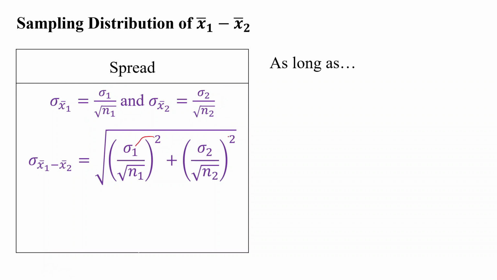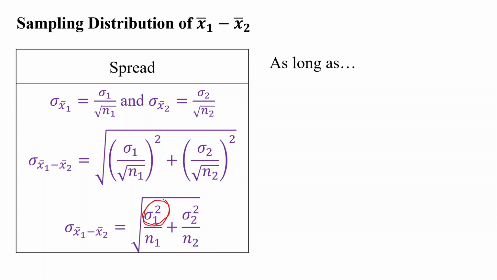So the numerator gets the squared, and then the denominator also gets the squared, but it's going to cancel with that square root, okay? And that's why the formula you're going to see, be very careful here because we have a subscript and a superscript exponent. So we have sigma sub 1 squared divided by n1, and sigma sub 2 squared divided by n2. So that denominator square root got canceled out because we squared our standard deviation.